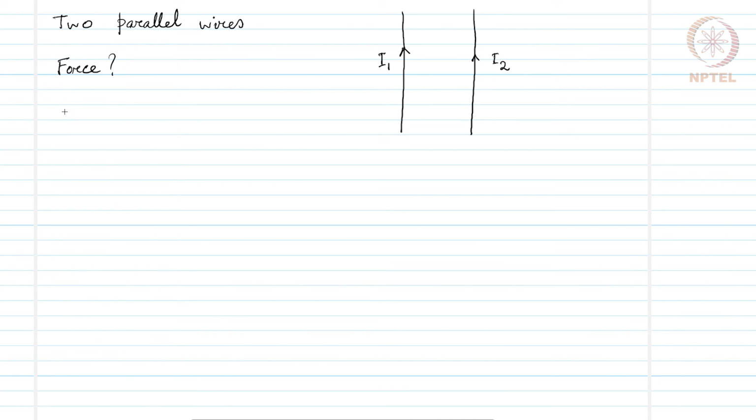The magnetic field on the second wire due to the first wire can be given as mu naught I1 over 2 pi times the distance between these two wires, let us call it d. This is due to the first wire.